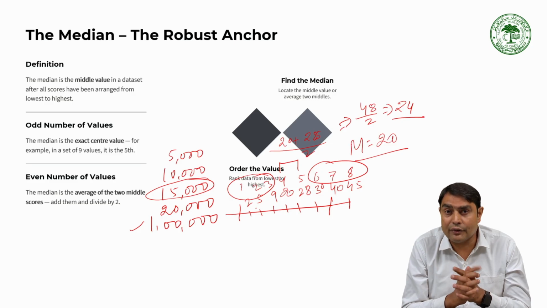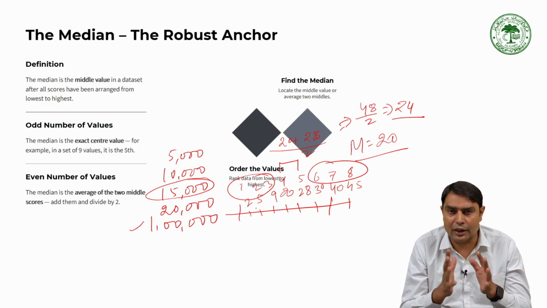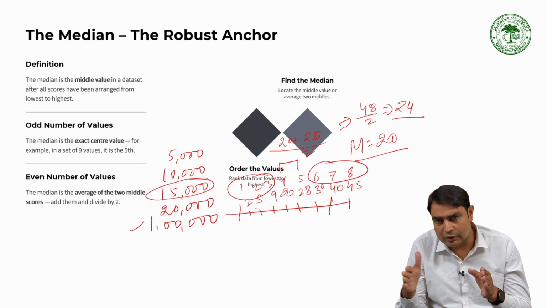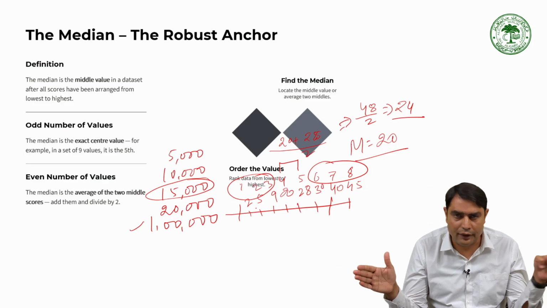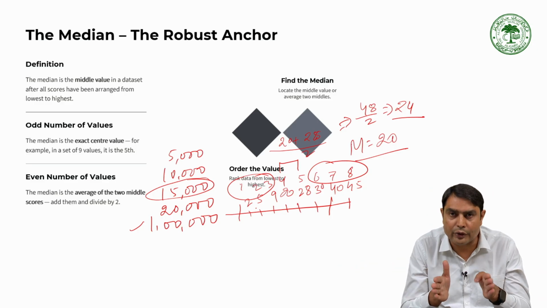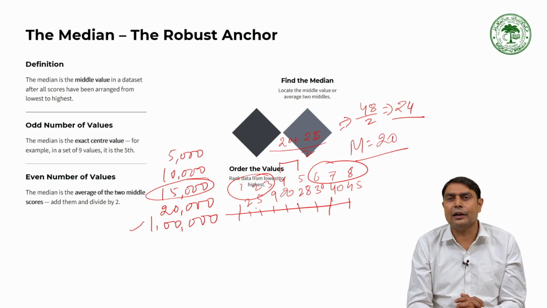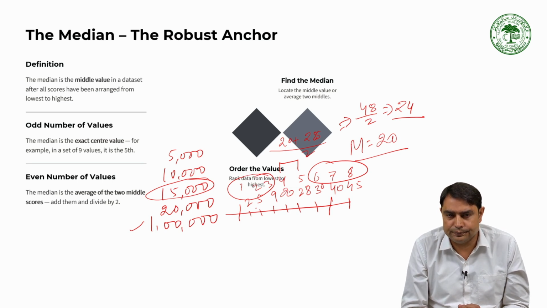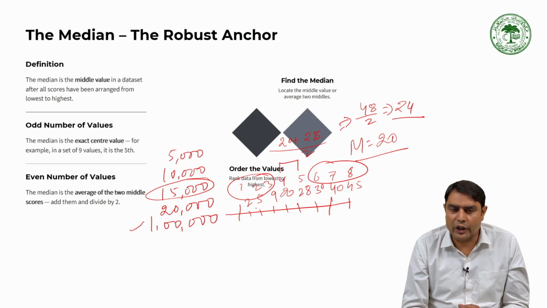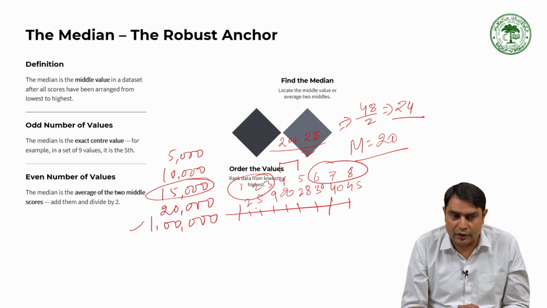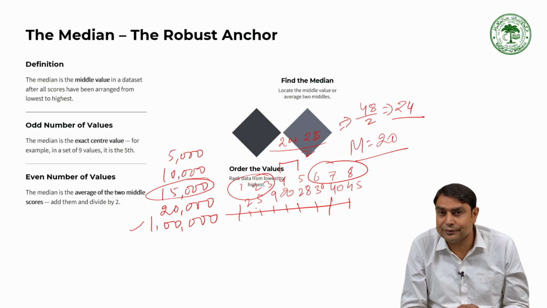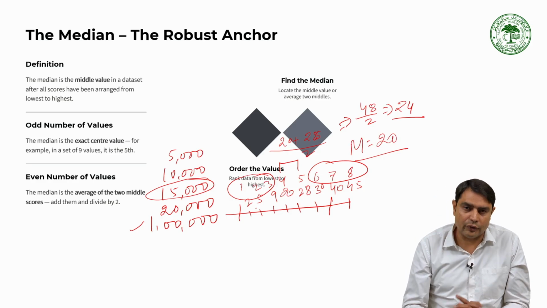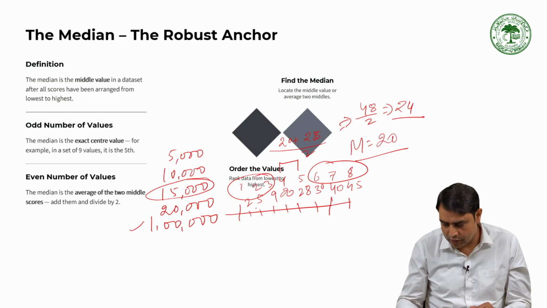And if I have an even number of values, then I have to take the two middle values, add them, and take the average of the two to find the median. Okay, and the key takeaway is that the median is not affected by outliers. Okay, we will be doing more calculations in the coming lecture.